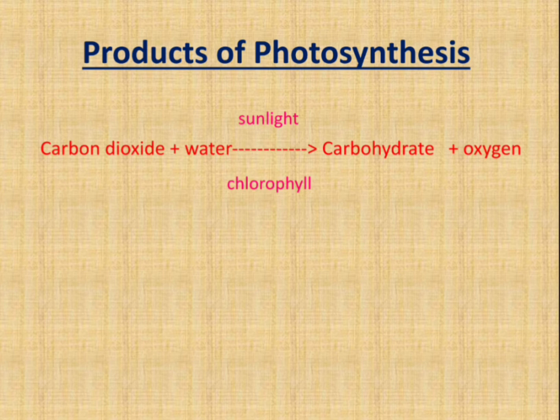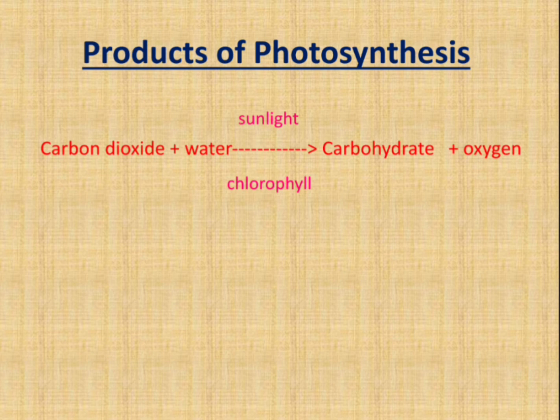Carbon dioxide plus water in the presence of sunlight and chlorophyll gives carbohydrate plus oxygen. Carbohydrate, it is glucose. Glucose is a carbohydrate and oxygen is given out by the plants during photosynthesis.